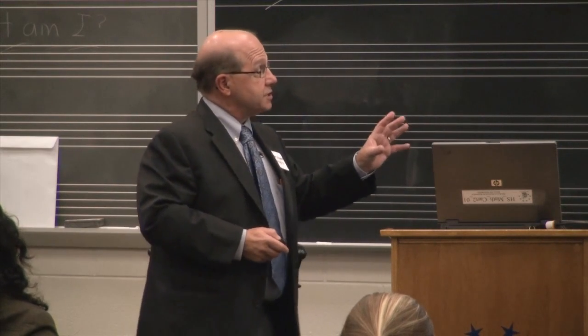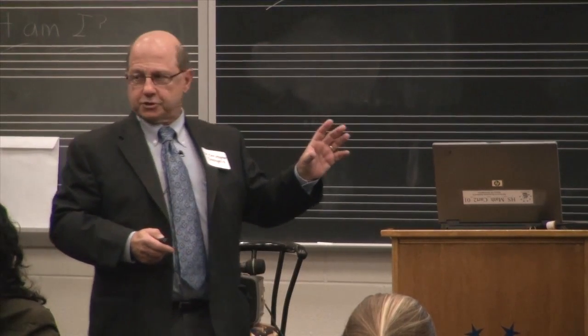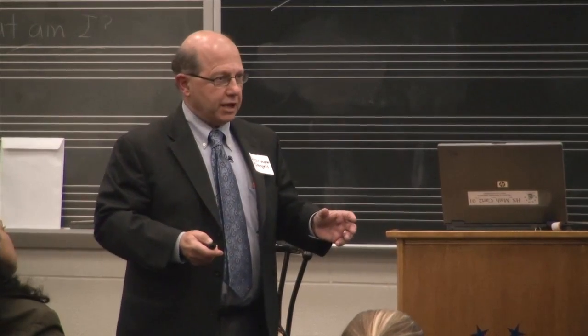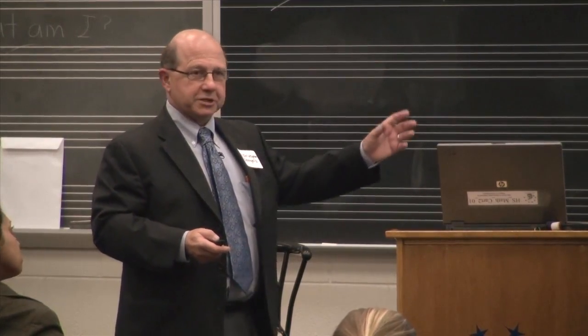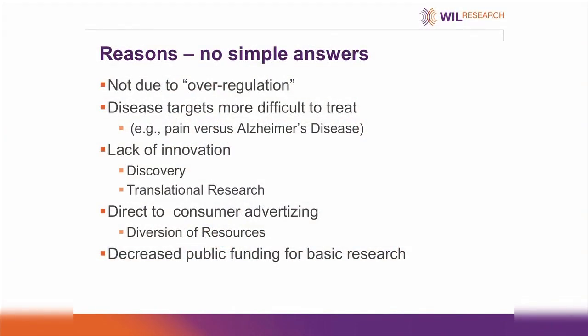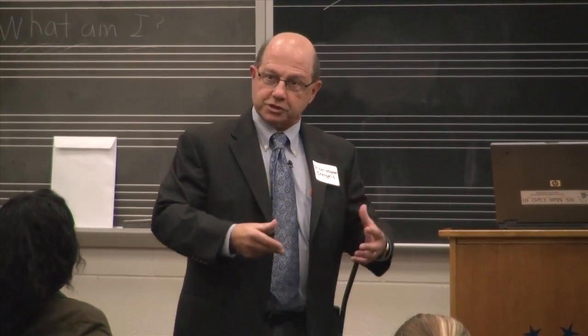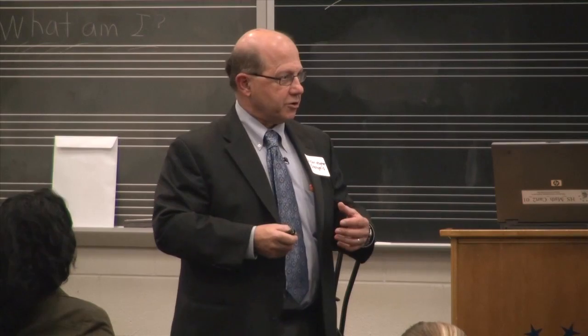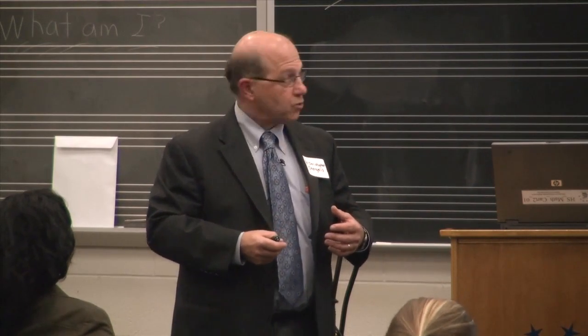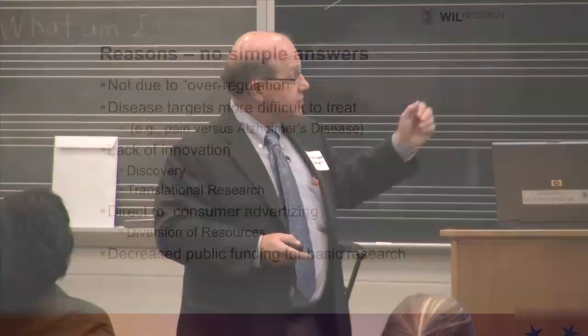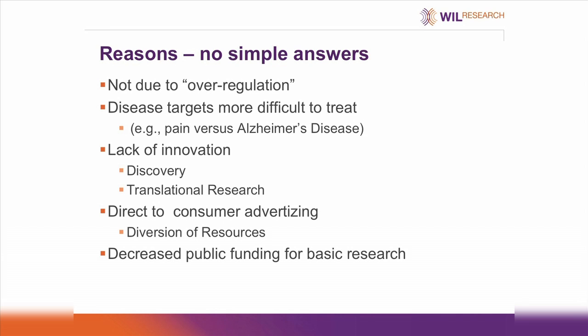The reasons for this, there's no simple answers. We should have a rational discussion about this, but this is not due to overregulation. I don't want to digress, but political discourse in the United States would lead you to believe there's a simple answer for everything. Well, there isn't. We're a mature country, and our problems are multifactorial. The disease targets are now more difficult to treat.